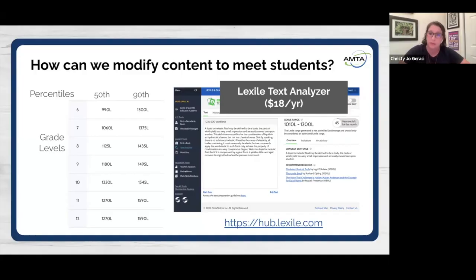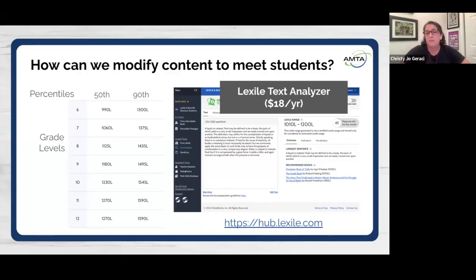And at first I had no idea what they were talking about. I don't know what the reading level is. What do you mean? One of the ways that you can judge what grade something is appropriate for is by a Lexile score. It's not the only way, but this is one that's used very, very often, especially for modifying reading for students with disabilities.